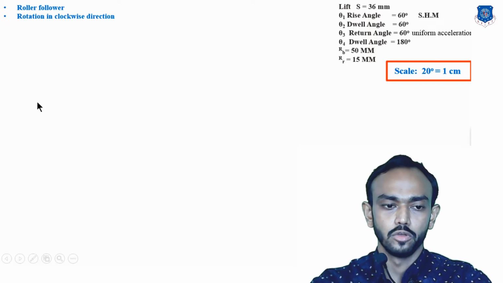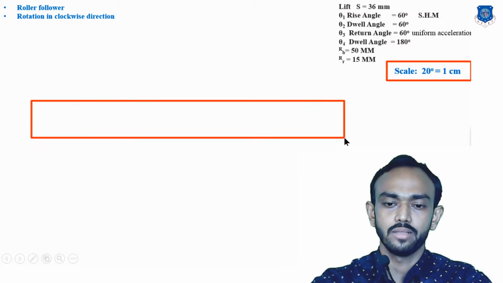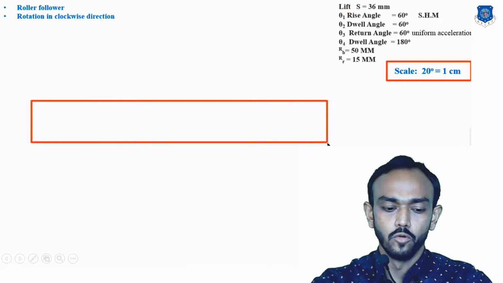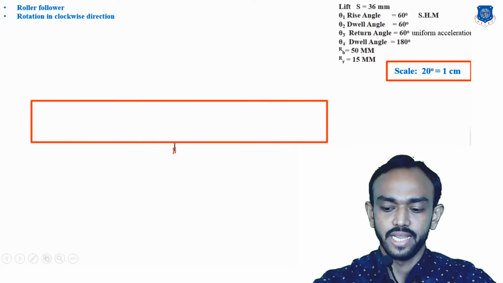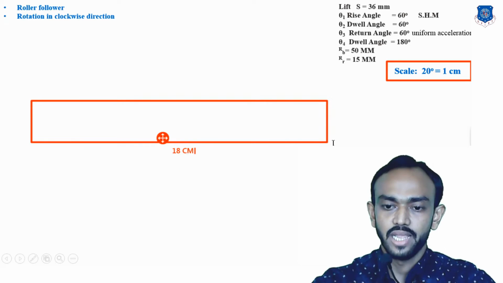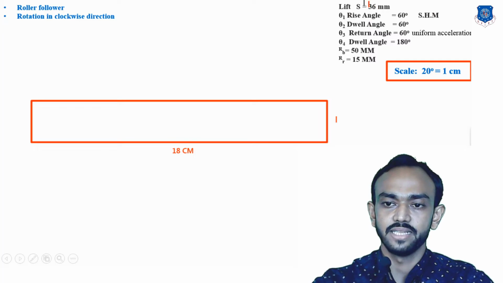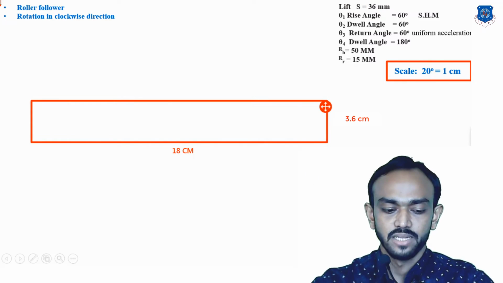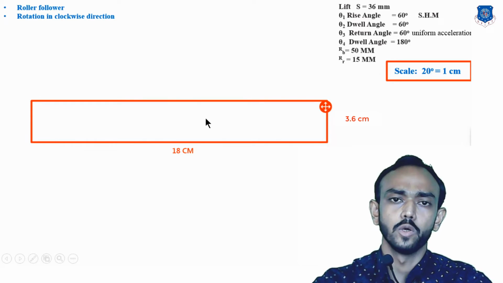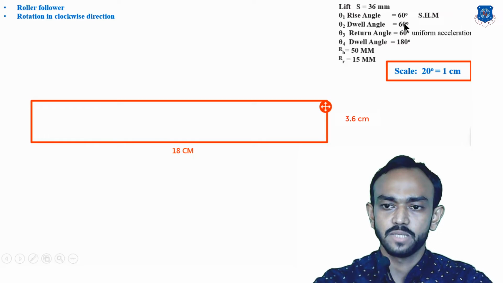First of all, make a rectangle whose length will be 18 centimeter and height will be the lift given here, 36. Then divide this rectangle into 4 parts as per angle.